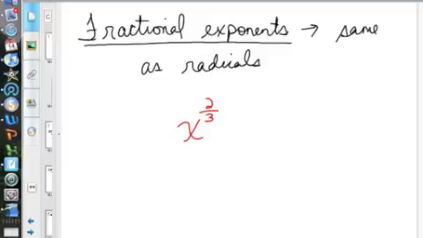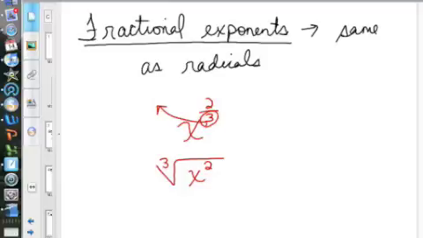That's actually a root. Which one tells you the root, whether it's a square root or a cubed root? The denominator. The denominator is what moves out here. So this is the cubed root of x squared. You need to be able to go from one direction to the other. Okay? X to the 2/3 is the same thing as the cubed root of x squared. Cubed root of x squared is the same as x to the 2/3.